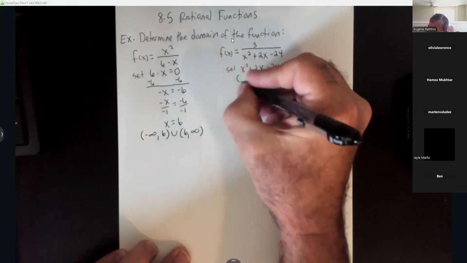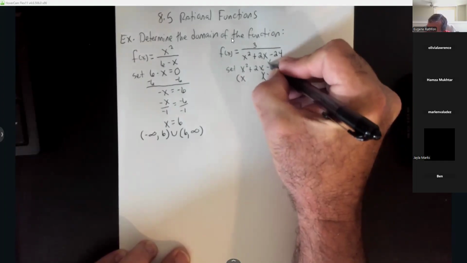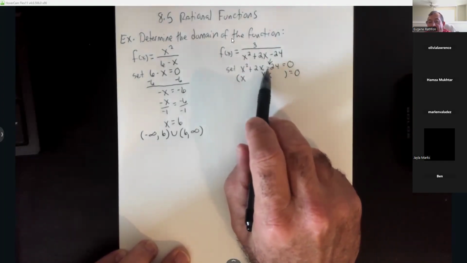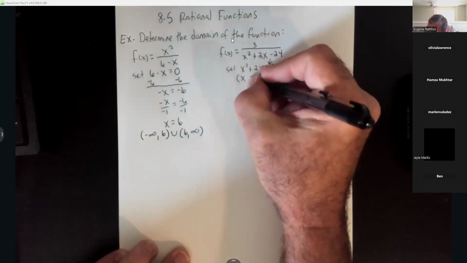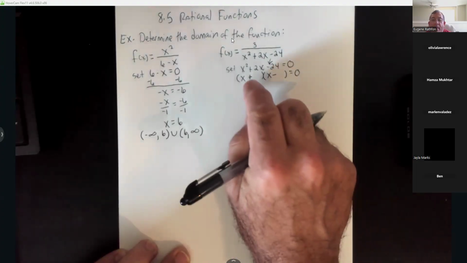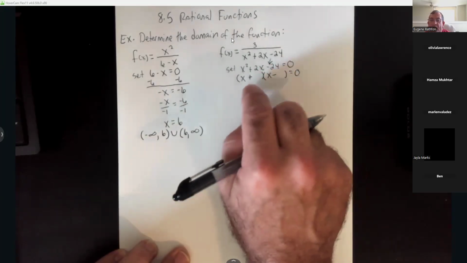So x squared would be an x and an x in both parentheses. Now I'm looking at this last sign. This last sign is negative. Anytime the last sign is negative, one factor will be positive, one factor will be negative. Because remember, positive times a negative equals a negative, okay?